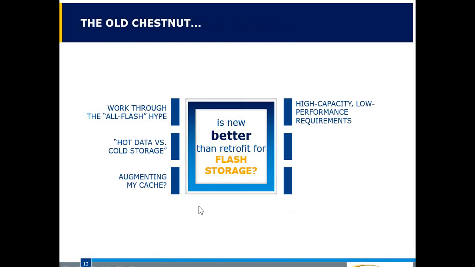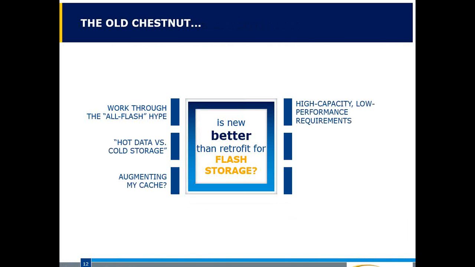Could you use Flash to augment the cache that you have on your current storage array? That's an option available on some vendors' storage kits, such as EMC, Hitachi, and HP. They have the ability to take some of those flash drives that you have and augment the cache in the controllers.